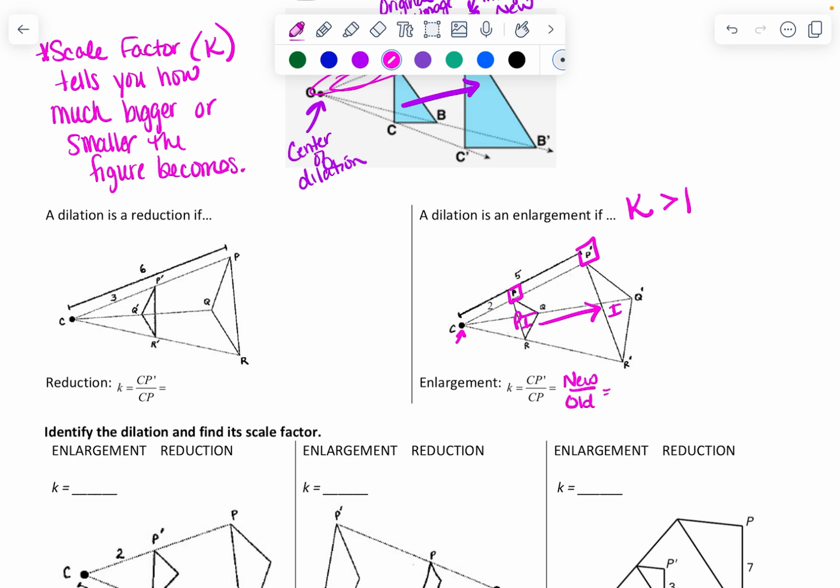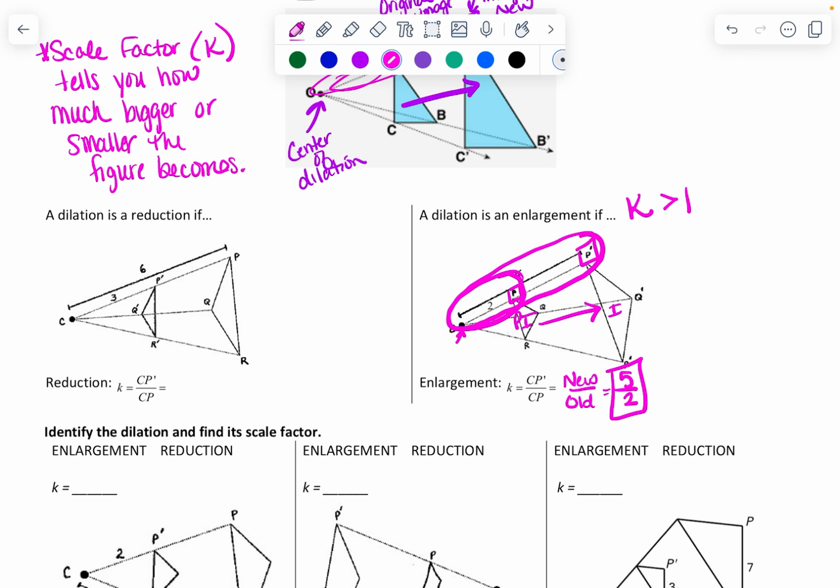The distance from P prime to the center is 5, over the original distance, which is 2. You can keep that as a fraction, and always simplify it. But if you turn that into a decimal, 5 divided by 2 is 2.5. So really what's happening is the triangles are getting 2.5 times bigger.